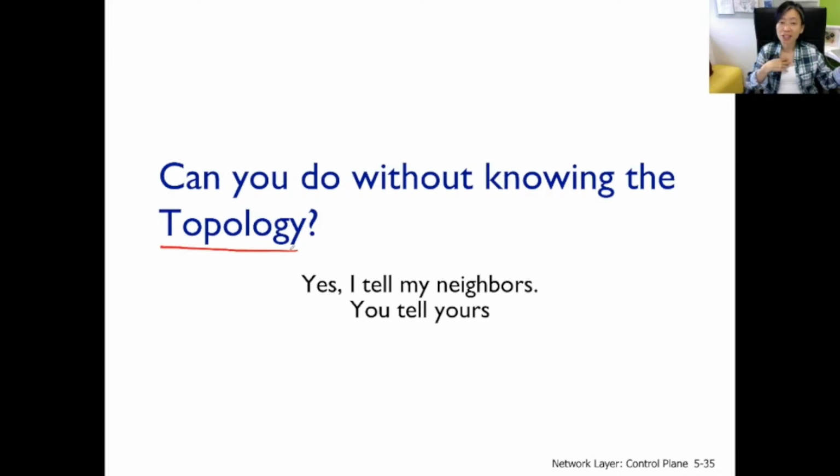But if Polly shares how Polly knows Alice with Bob, then Bob will know that there's one way to reach Alice, which is through Polly. So I tell my neighbors, and you tell yours, about what you know. Gradually the network will spread the good news and discover a path, a route, to every other node in the network. That is the general idea of distance vector.